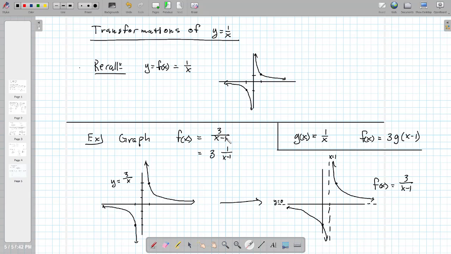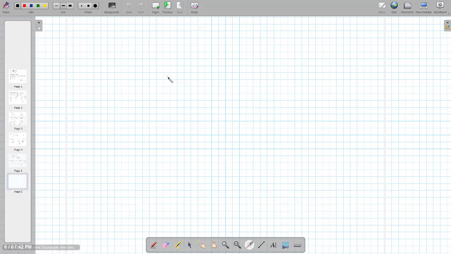And I'm going to do another example that's similar to this, but we're going to have a vertical shift as well. And it's going to look a little bit weird. So I want to graph now f of x is equal to 2x plus 1 over x plus 2. Right, now this might not look like a manipulation of 1 over x, but it is.